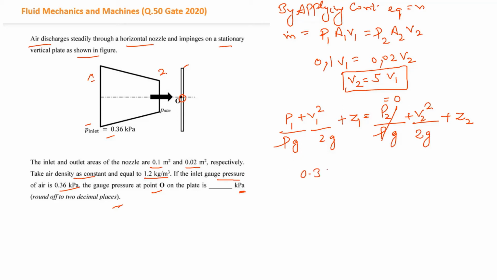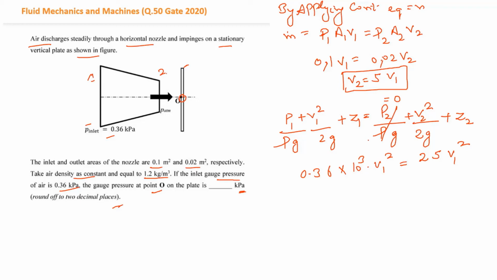If we try to solve this, it would be 0.36 into 10 to the power 3, because it is in kilopascal; first of all, we'll try to solve it in pascal. V2 is equal to 5 times V1, so V2 square is 25 V1 square, and the 2g terms would get cancelled.